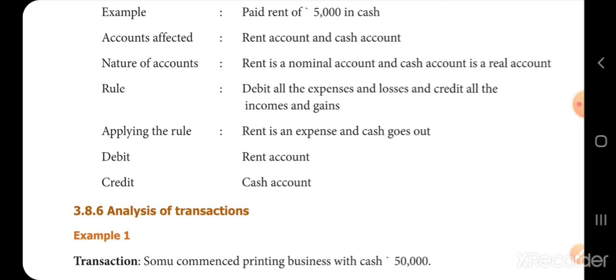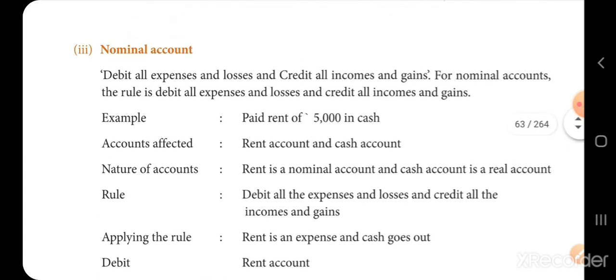The traditional approach follows the double entry system concept. For that you should know how the accounts are classified. The accounts are classified into personal and impersonal account. Personal accounts are classified into natural person, artificial person and representative personal account. Impersonal accounts are classified into real and nominal account. Real account means all assets and nominal account means all expenses and incomes.